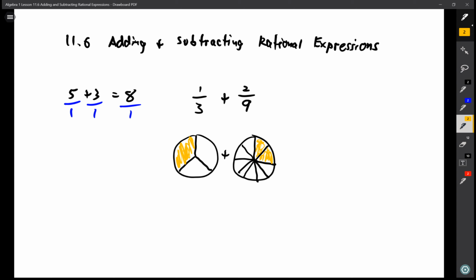Now I can't just add the 1 and the 2 because they're different sizes. I have to get them to be the same size.